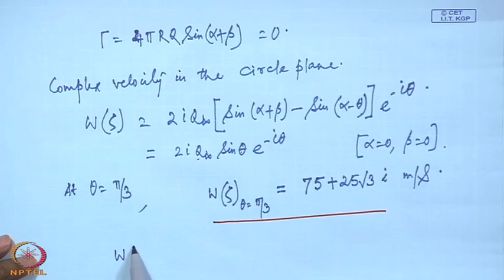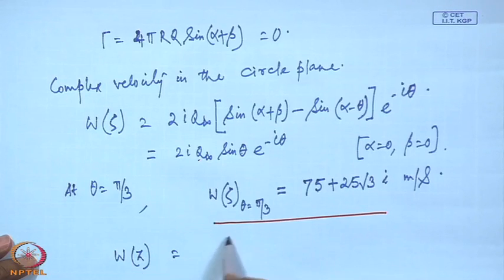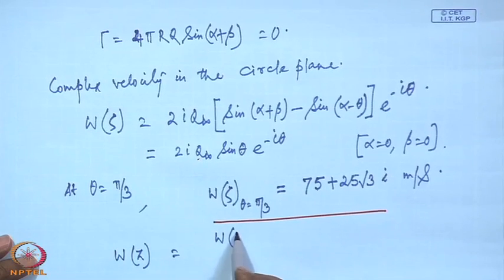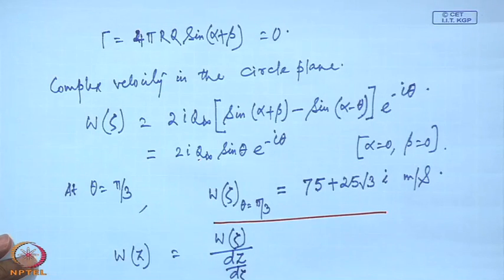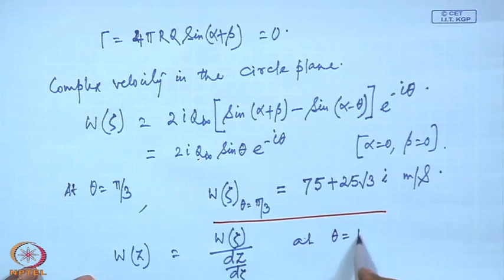We have w z equal to w zeta times dz d zeta, of course, everything at theta equal to pi by 3. So, this w zeta at pi by 3 we have already found, we have to find out what is dz d zeta at theta equal to pi by 3.